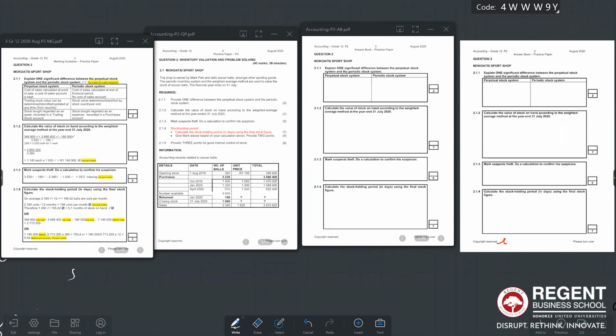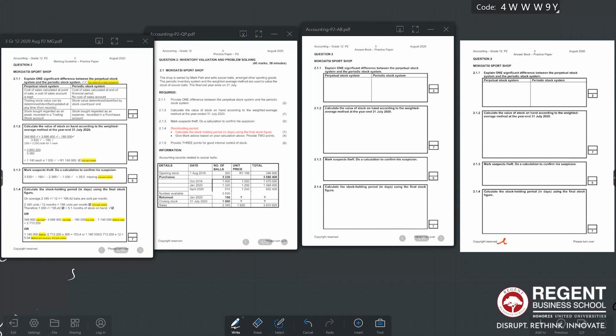Divided by how many units did you have left that you had purchased? Okay, I started with 300. Opening stock was 300. I purchased 3,230. That would give me 3,530. But I returned 150, minus 150.